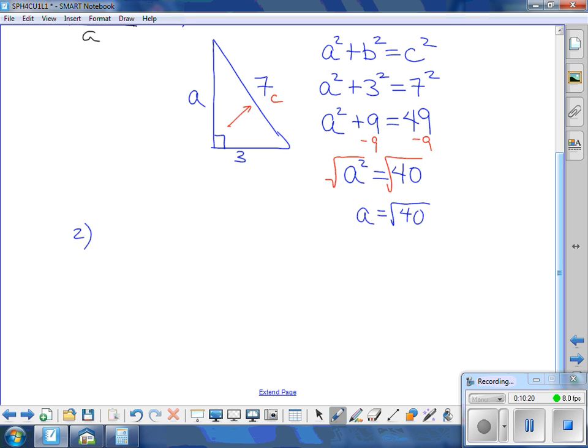Second example, if we're looking for the hypotenuse, which is, I think, the easier one. So we're looking for C. Find C, with sides 2 and 5.